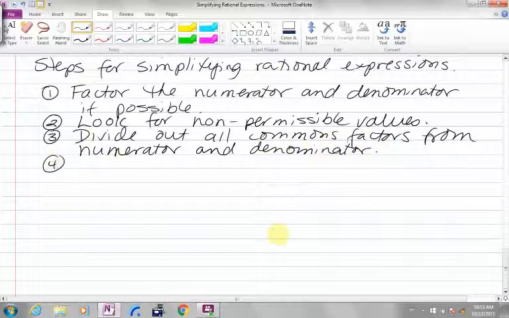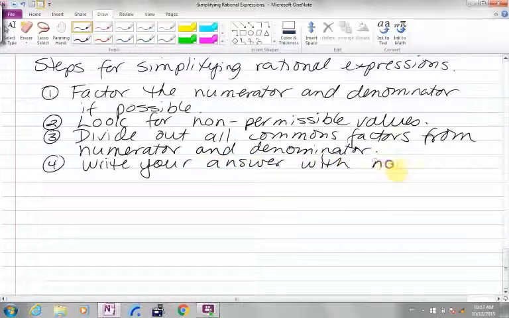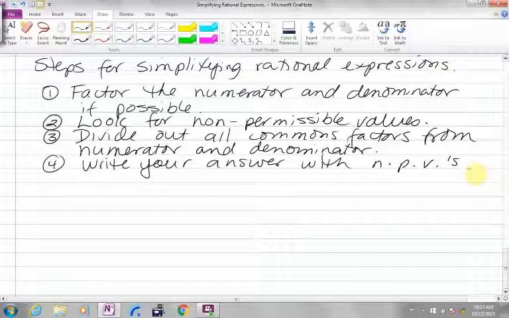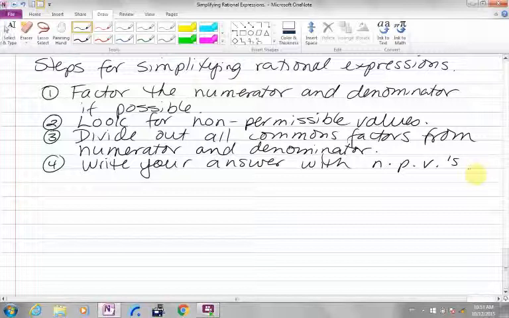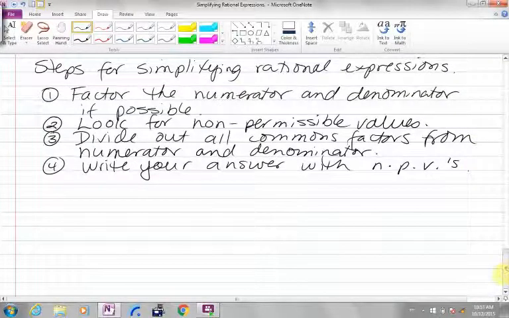And finally, write your answer with non-permissible values, NPVs. So those are the 4 steps. And we'll be doing that as part of every question that we do this chapter. So let's practice that.